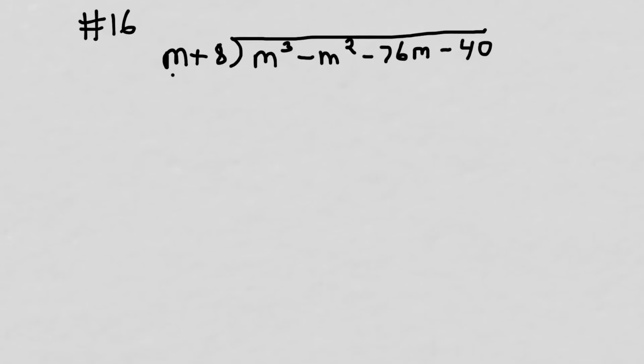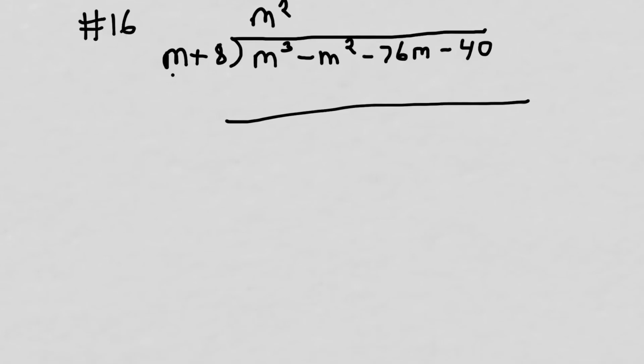All right, final problem. We've got m cubed minus m squared minus 76m minus 40 divided by m plus 8. We're supposed to do this using long division, so let's go ahead and set this up. All right, let's set up our pivots. What do I have to multiply m by to get m cubed? The answer is m squared.